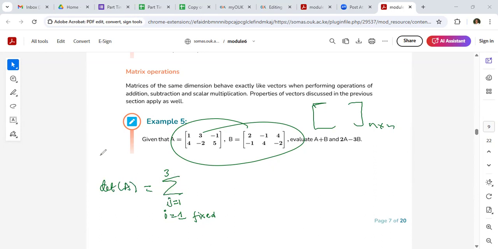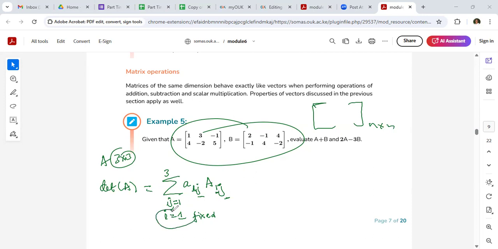If I fix I equal to 1, the other way of writing the determinant is A_1j. So I equal to 1 is fixed and you're varying J over 3. Consider J equal to 1, that is column 1. Consider J equal to 2. Consider J equal to 3 and find the cofactors.